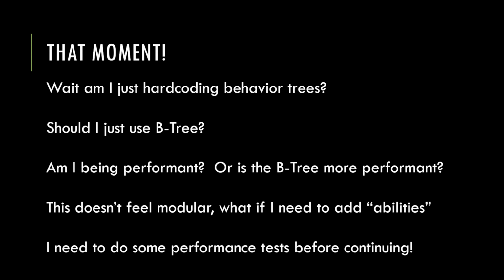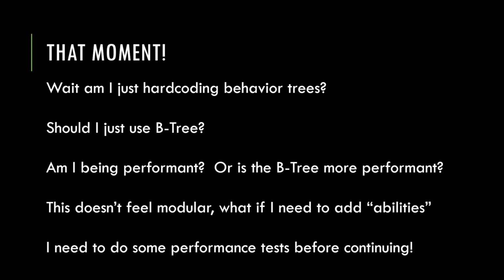But we're now starting to go, are we just making a behavior tree? Are we hard coding actions that a behavior tree would be better suited for? And from a design perspective, would these actions be better as tasks in a behavior tree?